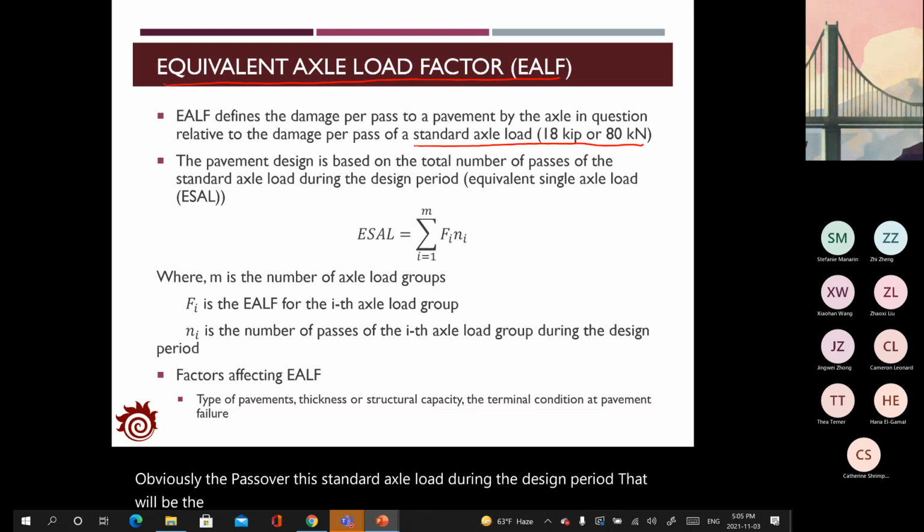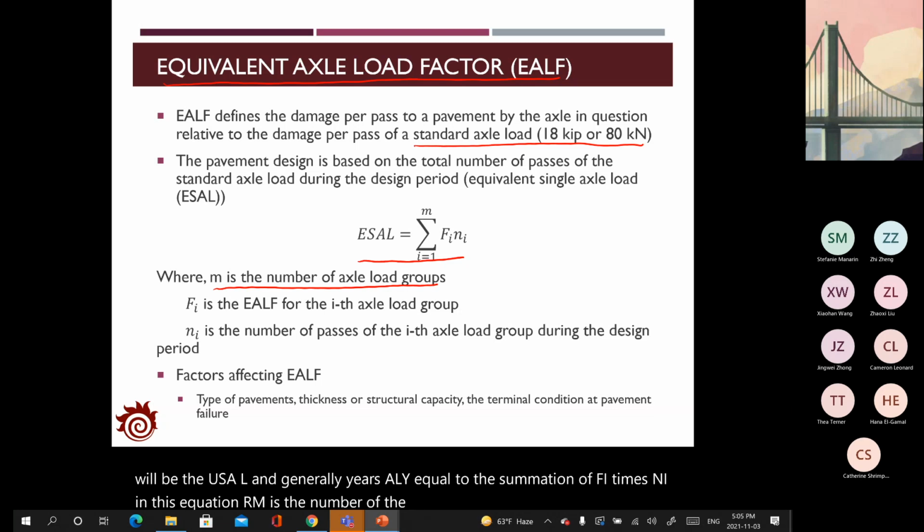And generally, ESAL will equal the summation of Fi times Ni in this equation. M is the number of the axle load groups. You can categorize the vehicles into multiple groups, like small cars, two-wheel single-wheel trucks, dual-wheel trucks, and tandem-wheel trucks, and so on.